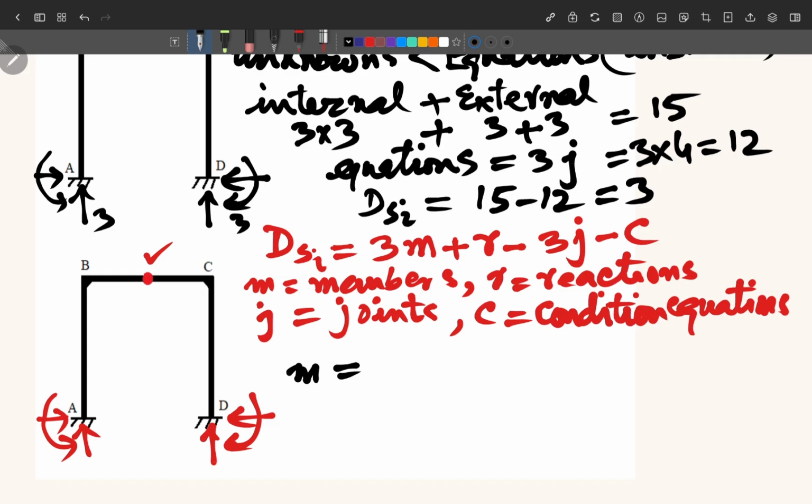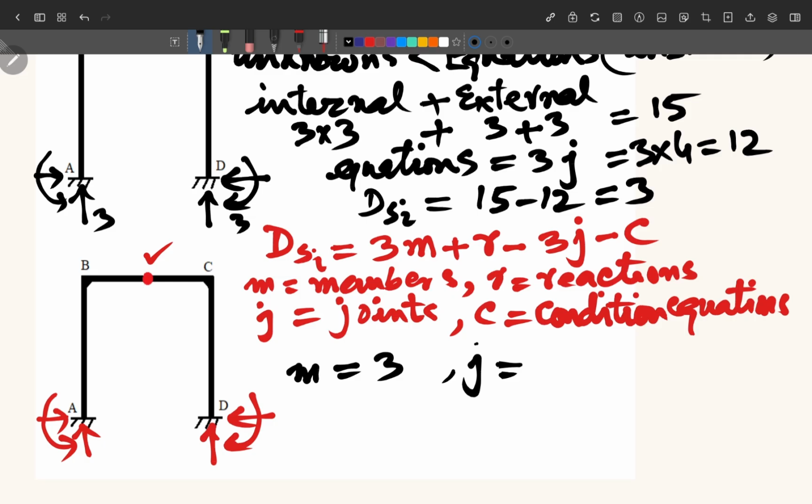Okay, so we count here M. How many members? AB is one member, BC is one member, and CD is another member. So we have M equal to 3. Then how many joints? A is one joint, B is one joint, C is one joint, D is one joint, and we will consider these rigid joints plus the joints which are at the supports.